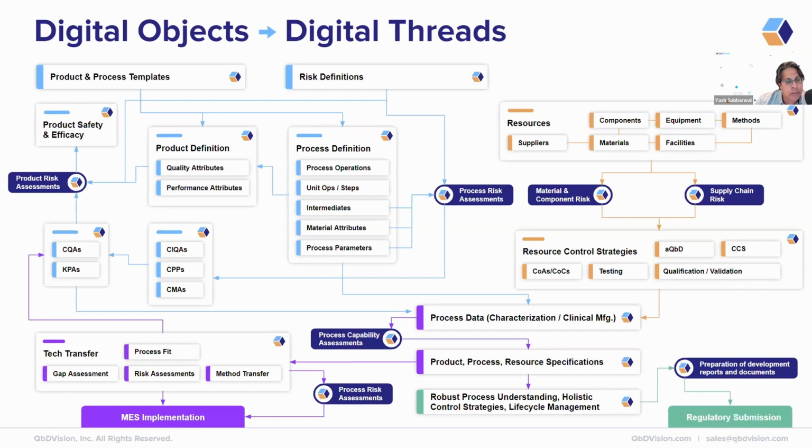Being able to trace all this information and these justifications is really important, and digitizing them and then connecting them with these threads really enhances your ability to do this and creates the efficiencies around locating and managing this information going forward as you learn more about your process. So digital objects, connecting them creates your digital threads.